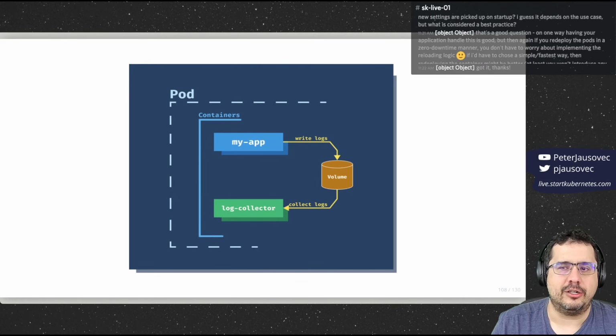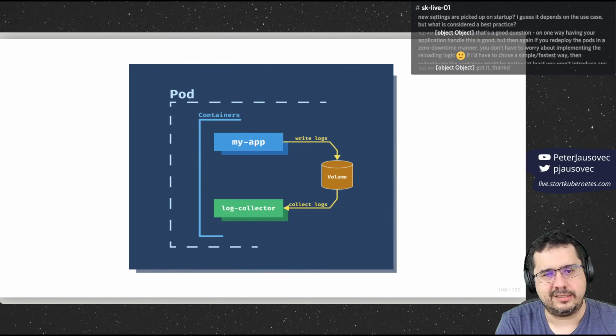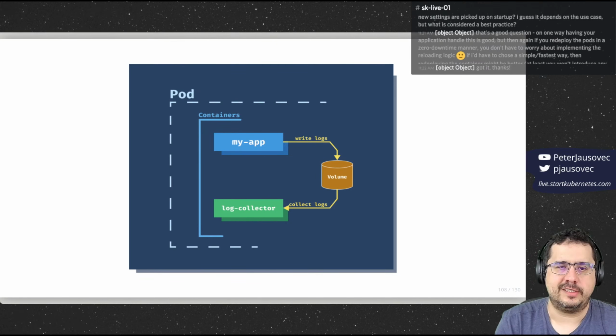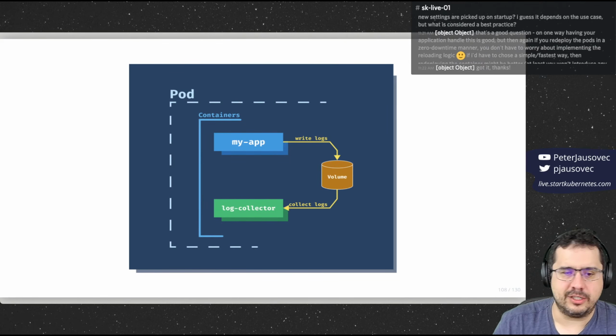And then the Sidecar container can collect the logs from that common volume and send them to further processing or to archive them, right? So your application has no clue, right? Your application is just writing logs as it would write logs anyway, but then there's this extra Sidecar container running next to your application that adds this additional functionality.